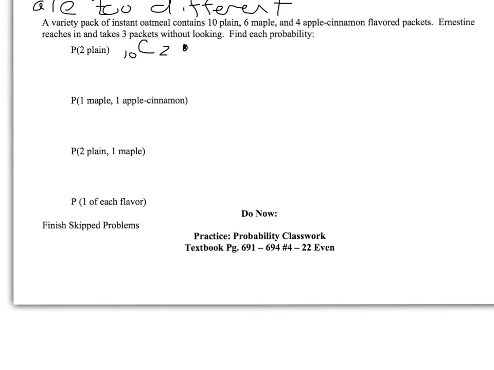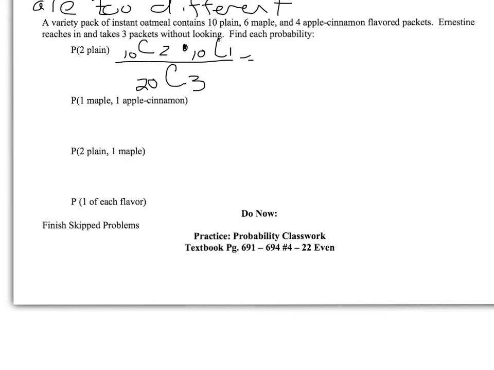So she has her 2 plains, order doesn't matter. And there are 10 other packets left, and she wants to pick one of them to be not plain, out of 20 packets altogether, choosing any 3. So the 10 choose 2 represents her picking 2 plains out of the 10 plain. The 10 choose 1 represents picking a not plain out of the maples and apple cinnamons. And the 20 choose 3 shows the total possibilities.